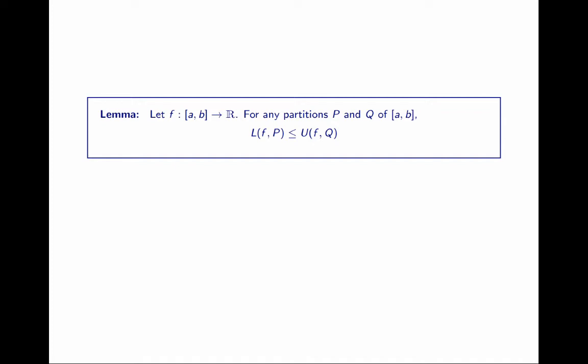But even if I have different partitions, I still get that inequality.